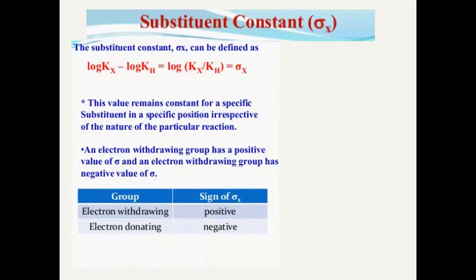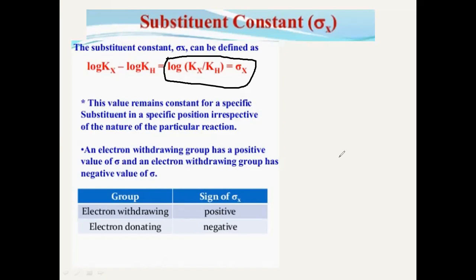the substituent constant sigma x can be defined as, very simple, we have seen in the first lecture, sigma x is nothing but this one. You must know this: sigma x equals log kx upon kh, or log kx minus log kh.